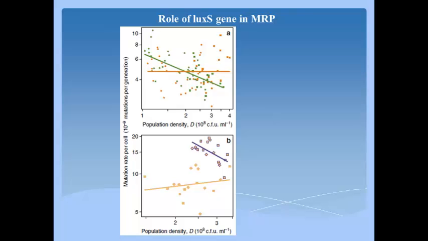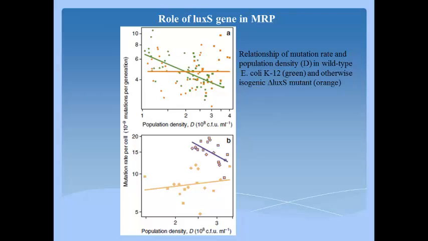They used an E. coli K12 null luxS mutant, that is removing the luxS gene, both alone and in co-culture with the ancestral B strain. The null luxS mutant grows to approximately the same density as the K12 wild type and has on average a mutation rate that is not significantly different.